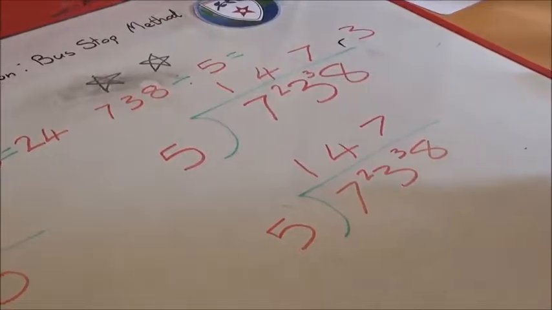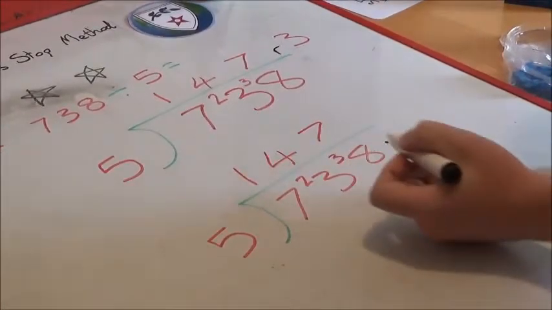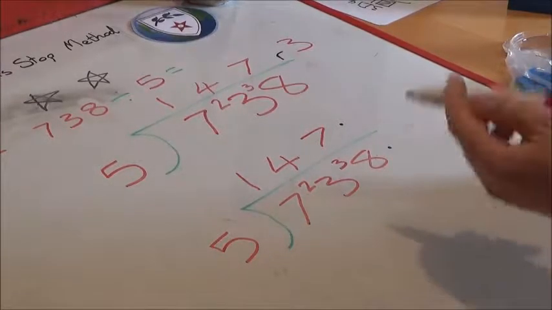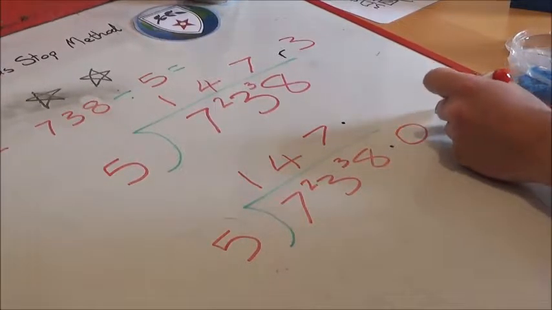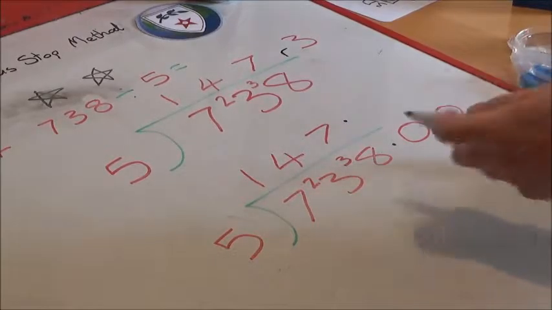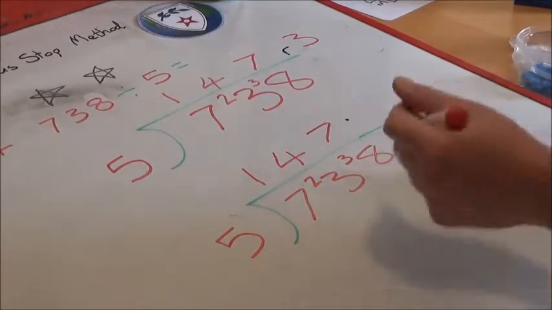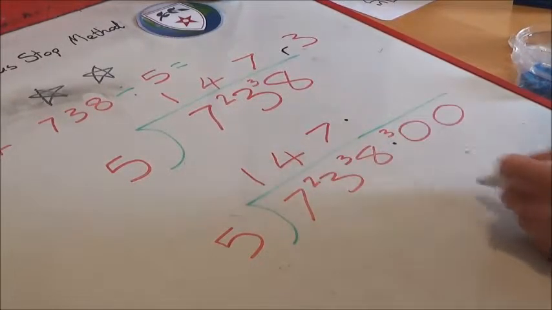I have my 3, but this time I'm going to add my decimal place. Has to be up there as well, on exactly the right line. I'm going to create 2 placeholders for my tenths and my hundredths. And then my remainder 3 this time is coming down here.